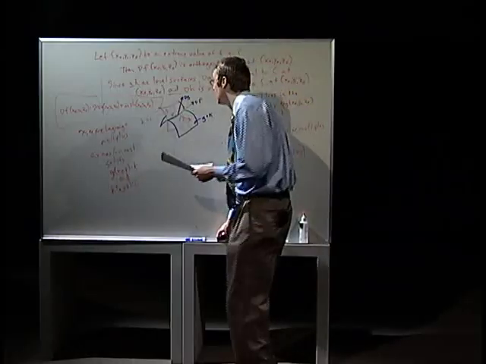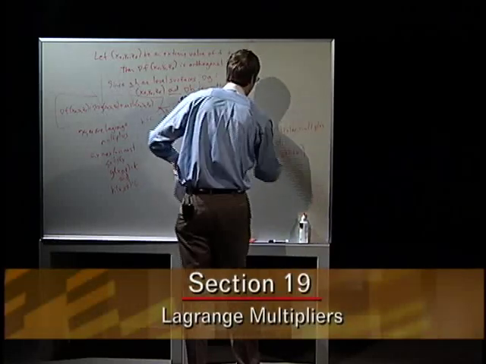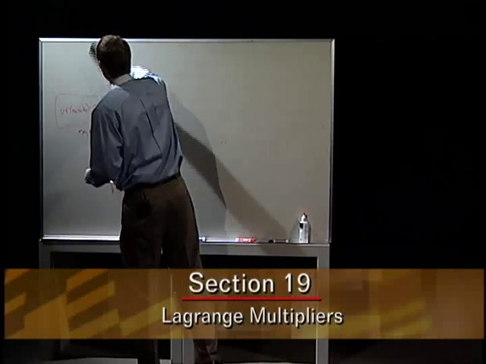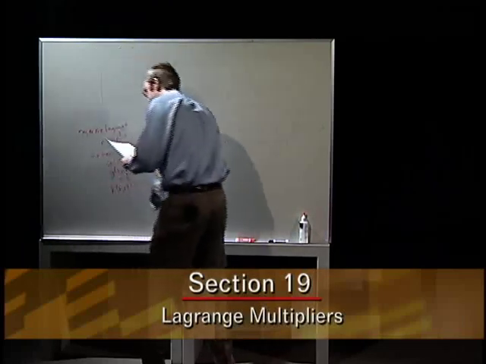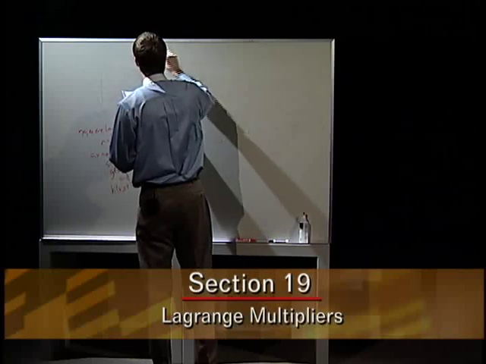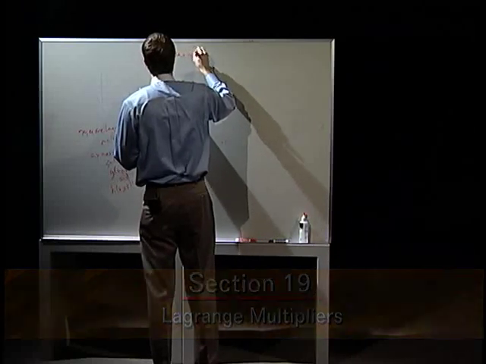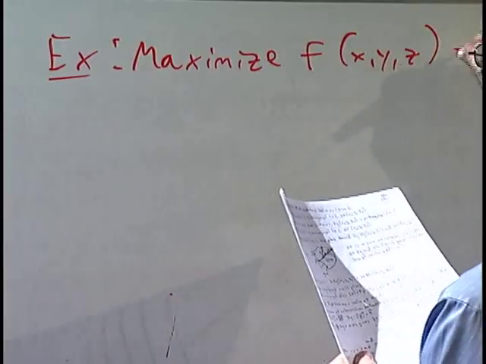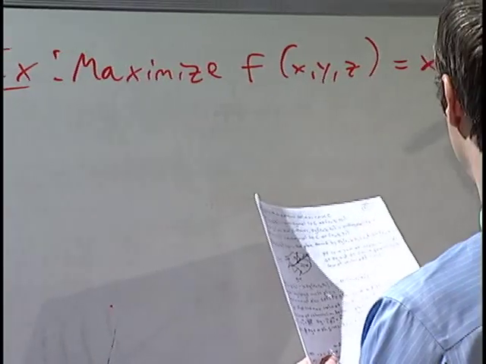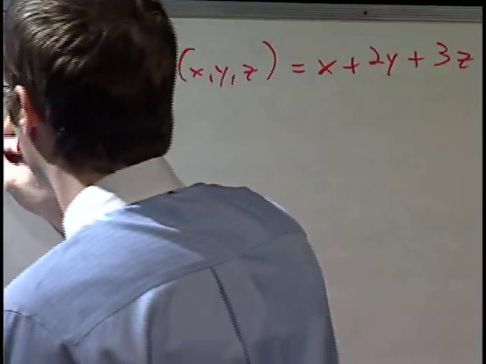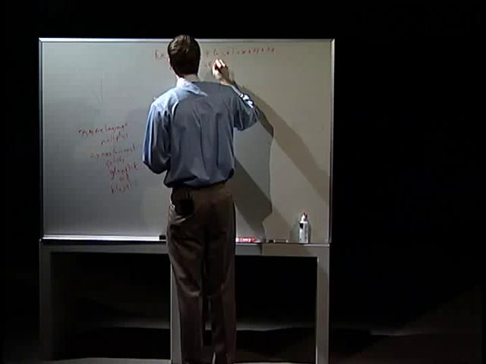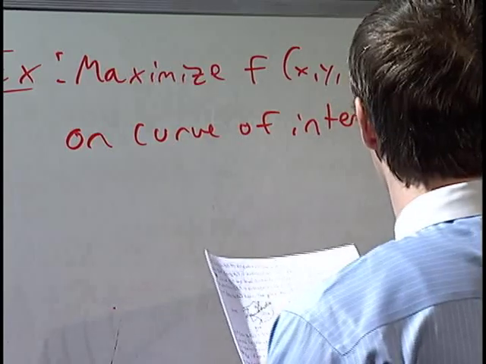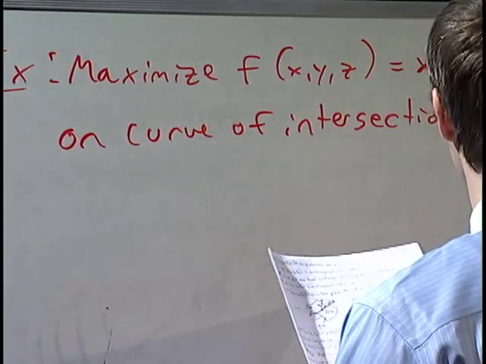Okay, so let's do an example. Let's maximize f of x, y, z equals x plus 2y plus 3z on the curve of intersection between two planes.